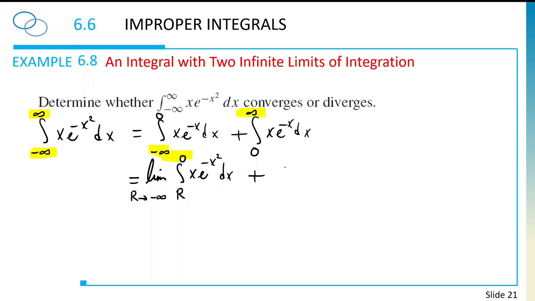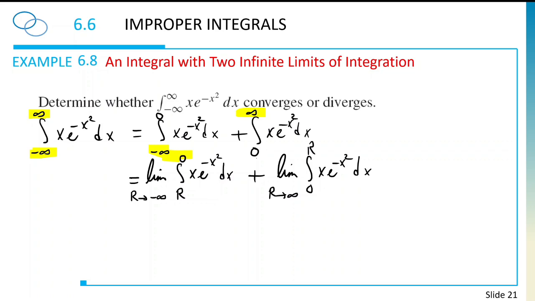And the other one, same thing. It's the limit as r approaches infinity, of the integral from 0 to r of x e to the power of negative x squared dx.